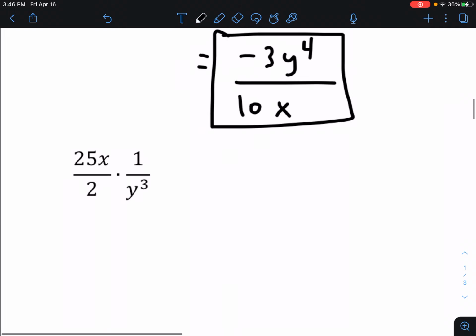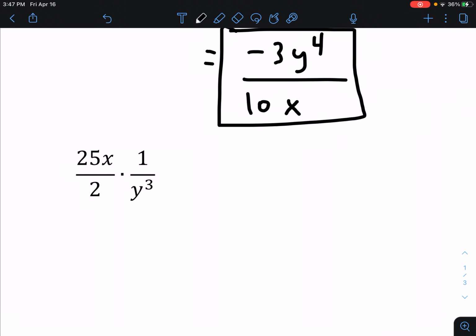All right, this one. Like I said on the last one, I noticed something that I could factor and be able to eliminate. In this case, there's nothing that I can factor and eliminate because 25 can't be divided by 2, and the 1, well, that's just a 1.